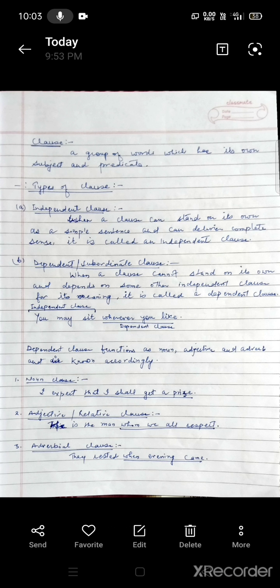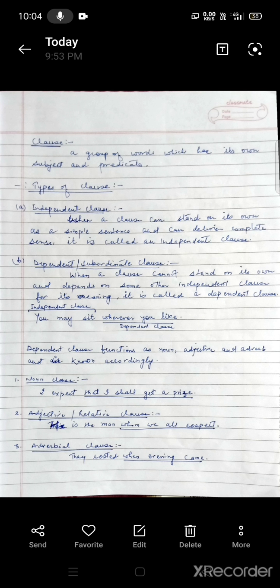And when we have one independent clause and another dependent clause, joined together by subordinating conjunctions, relative pronouns or adverbs, the sentence is known as a complex sentence. So a complex sentence has both clauses, independent and dependent. The independent clause, the main clause, can stand on its own, and the dependent clause depends on the main clause for its meaning.